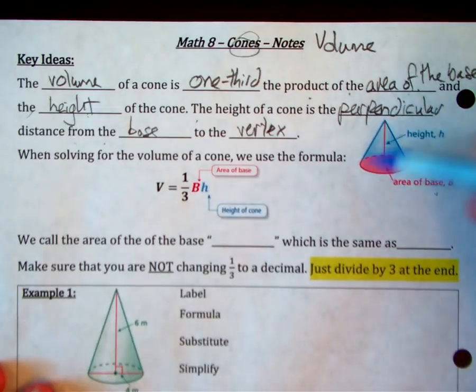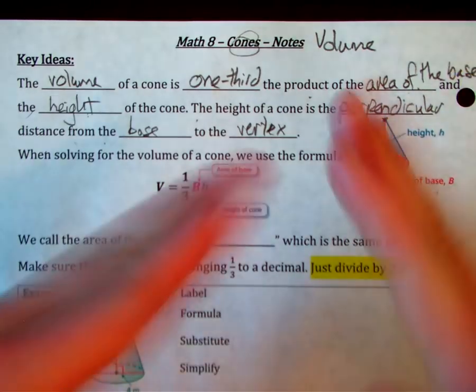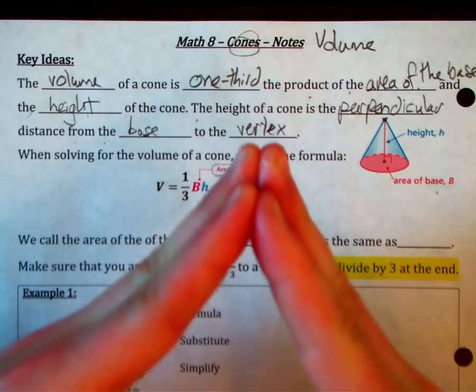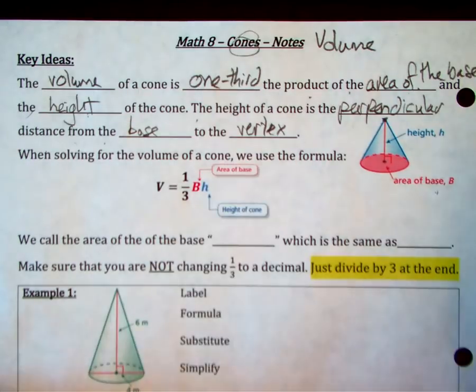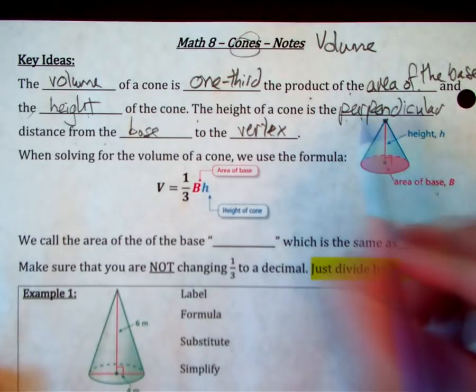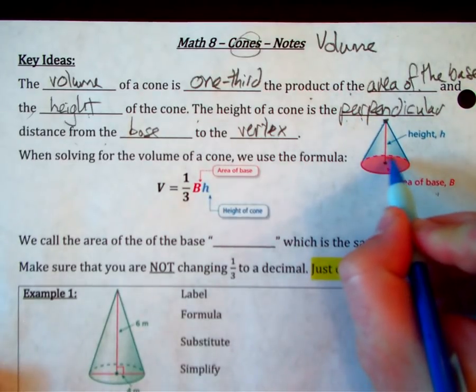It's going from the center of this base to the absolute endpoint of where that cone meets. When you're thinking about a cone, it comes to a point, right? And this point makes a V shape, which is why it's called the vertex. And again, it's perpendicular because, if you look very closely, you can see there's a little box in there, meaning what?